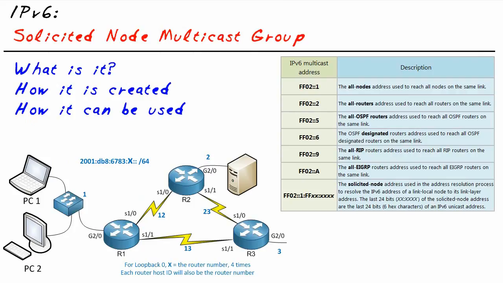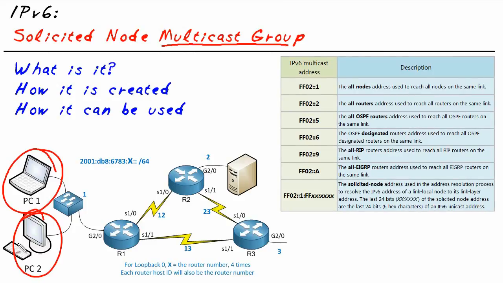So what do we know so far? We know that a multicast group is a special layer 3 IPv6 address that's intended for potentially more than just one computer. We also know that a device like PC1 and PC2, if they want to listen and process that multicast traffic, would join the respective multicast group, and when that traffic comes by on the network, they will then be able to de-encapsulate it and take a look at it.